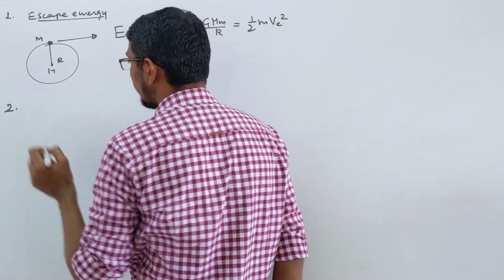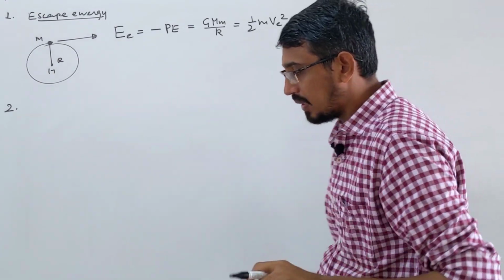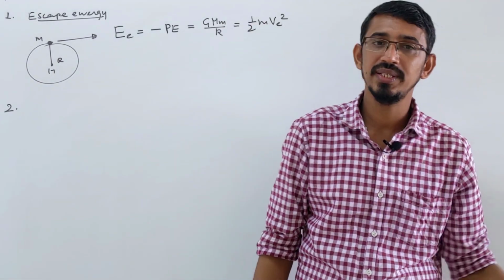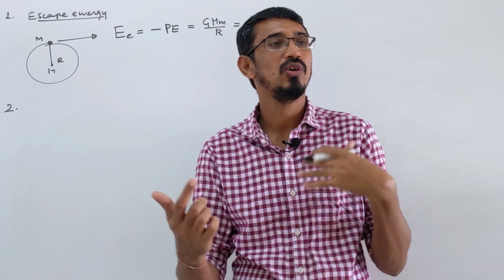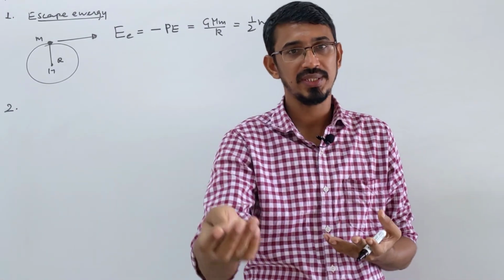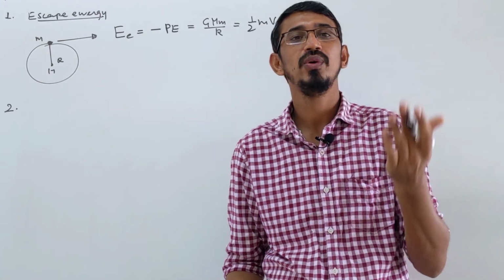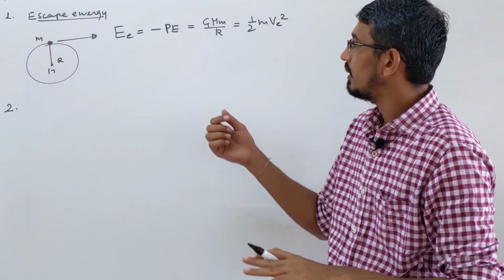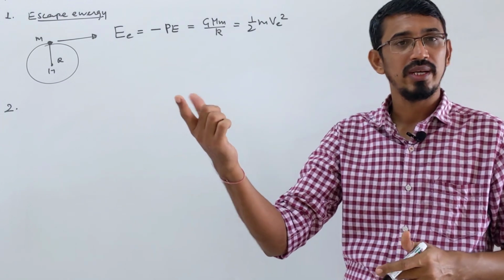Another question they ask is this: a satellite is moving around a planet in some orbit, and it has some orbital velocity. Then they ask by what amount the velocity should be increased. Like I already explained, it should be increased by 41%, so that it will escape from that orbit.